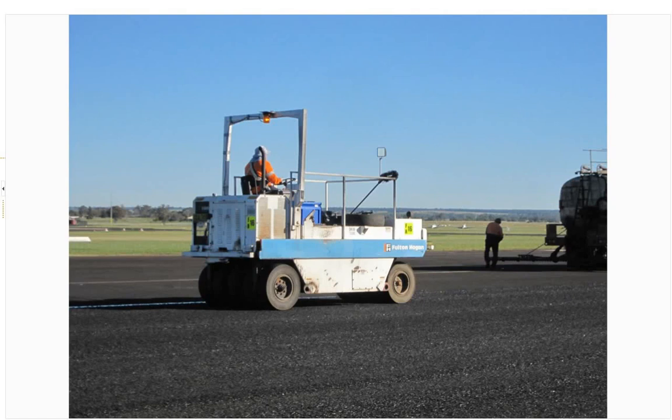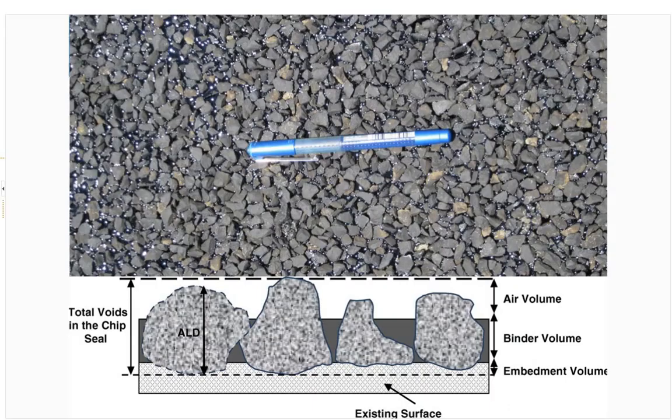And speaking of rolling it in, that's a roller, but we always need more than one, particularly on an airport seal, and we'll talk about that equation a little bit later on, because it's one of the things that sometimes gets missed.